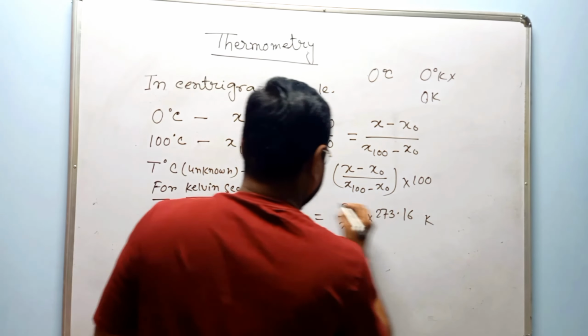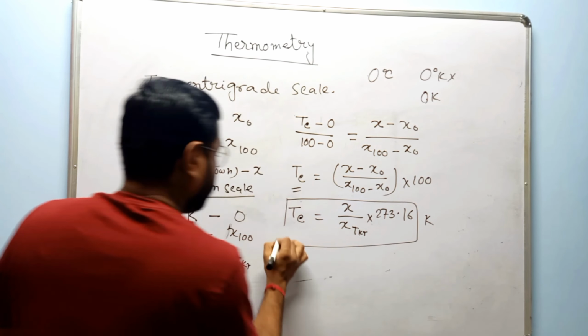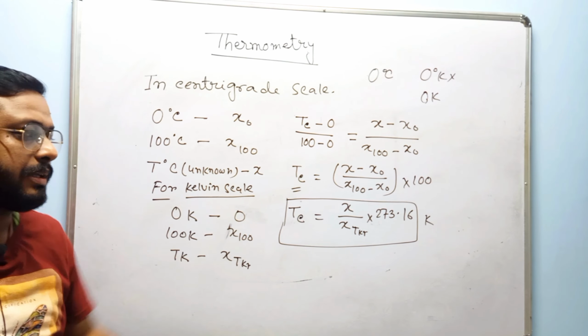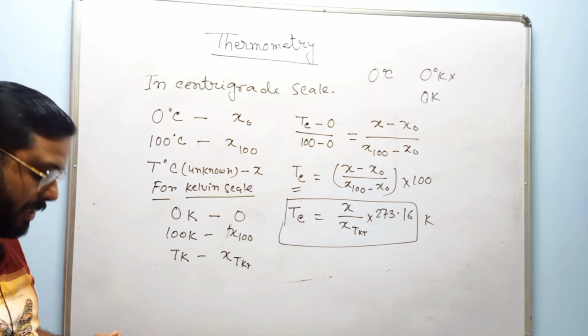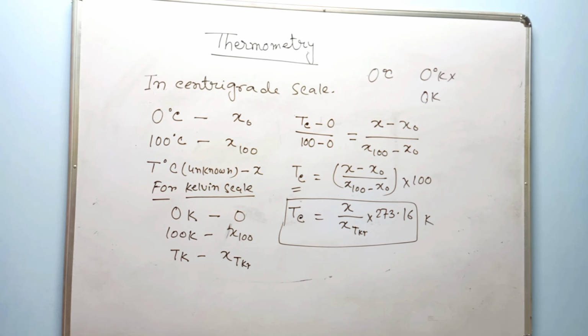Okay, so this is the required formula, x by x_T into 273.16 Kelvin. The actual value of absolute temperature is minus 273.16 Kelvin.